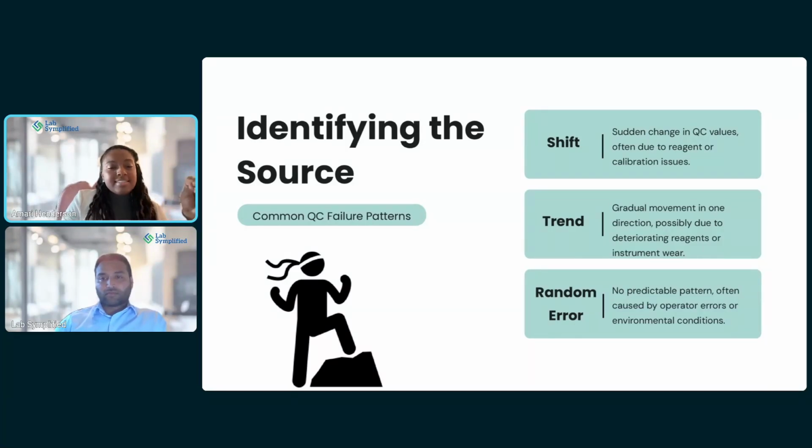And 9 times out of 10, you are going to be using a third-party QC so that you have a different source material than your reagent and calibrator, because a lot of times your calibrator and your reagent are going to come from your instrument manufacturer. So that's a really important thing to note here. That's just one thing I wanted to cover because I do hear that a lot. So I wanted to go back and cover that.